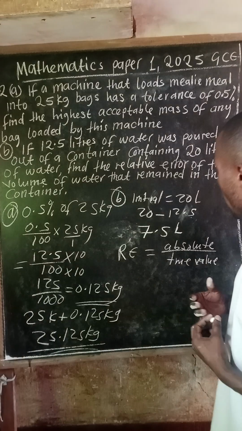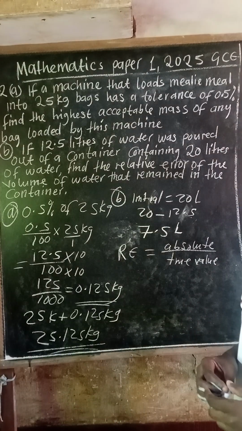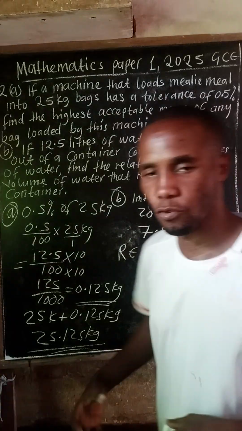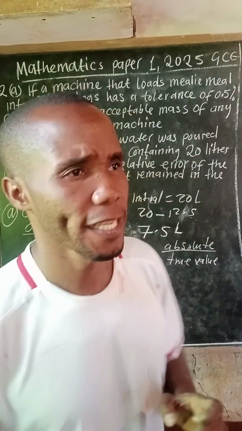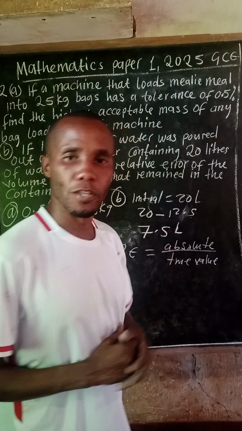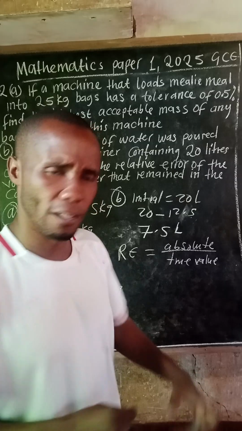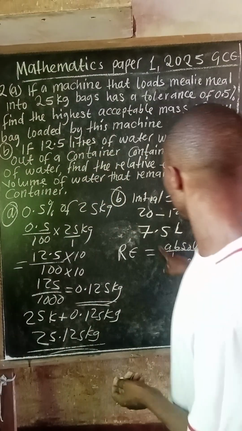Now in this case, are we given the recorded value? No. So how do we find the absolute error? It is going to be found by considering the least unit of the value which we have. The least unit of this value is 0.1.